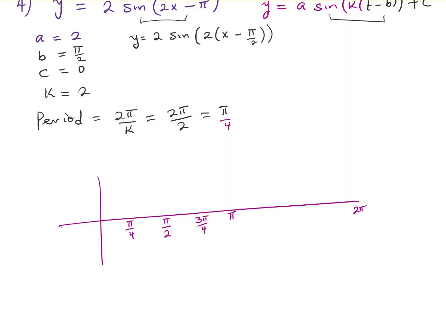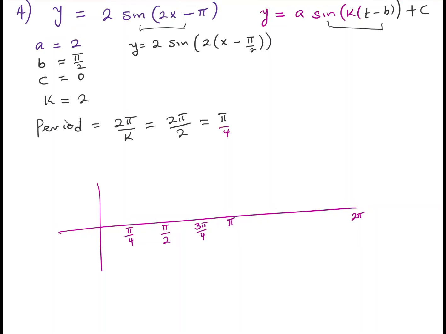And in this case as well, then we have pi. So the next one is this. So here we have 5 pi by 4. Somewhere here we have 3 halves pi, and here we have 7 pi by 4.